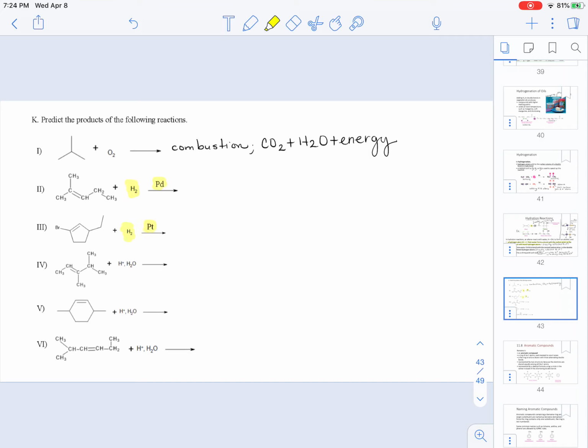Remember that Pd, palladium, or Pt, platinum, are not going to be added to any atom in our reactant. They are just there to speed up the reaction. Both of these reactions are going to be hydrogenation reactions.